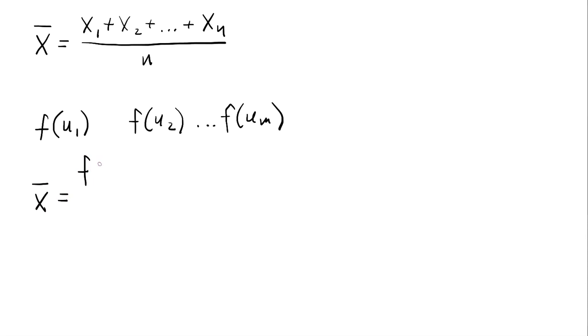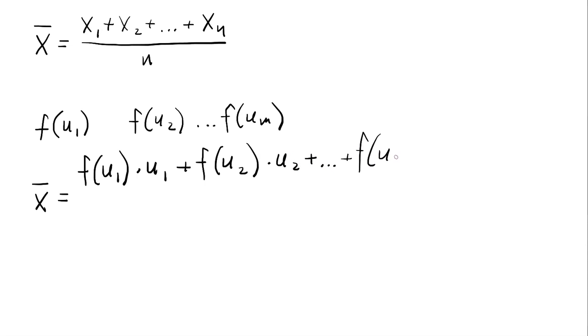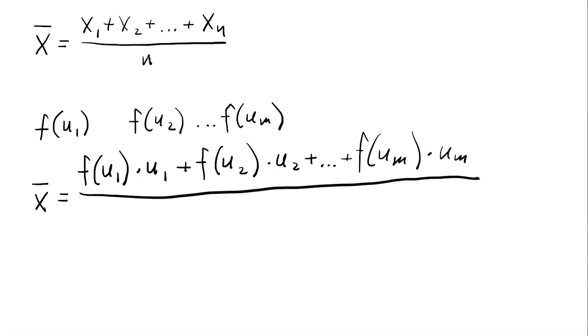So you take how many you had of data type 1 and multiply by data type 1, and the same way for all the other data types. And then you have to divide by the total number of data, and that's n.